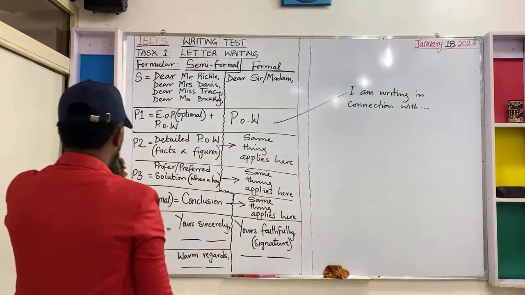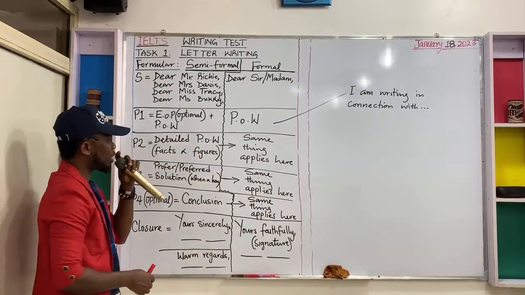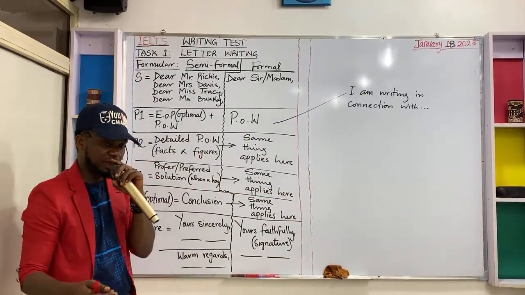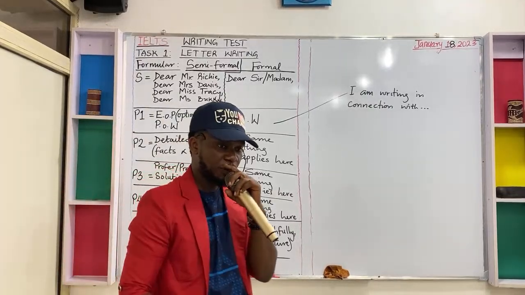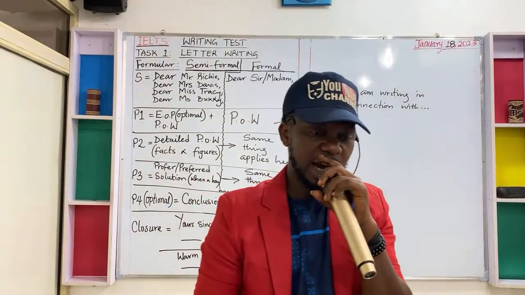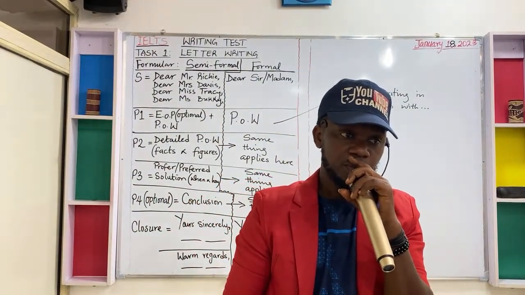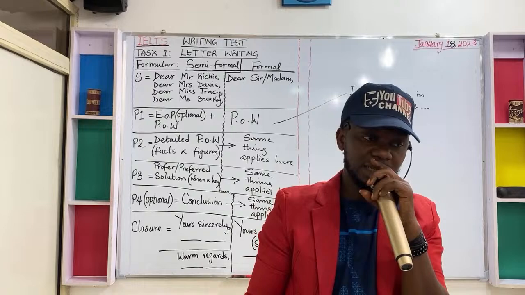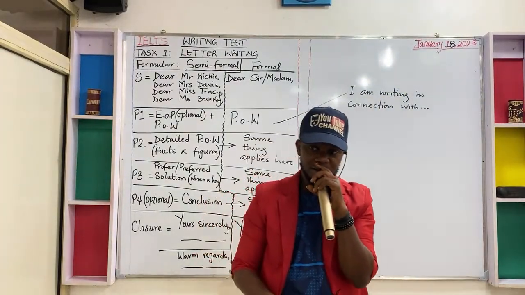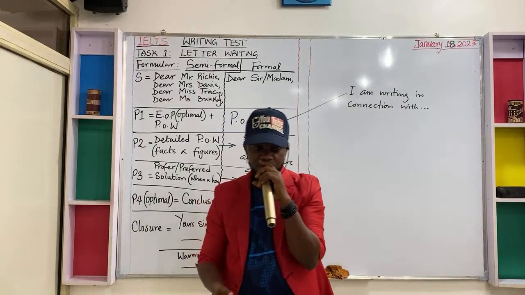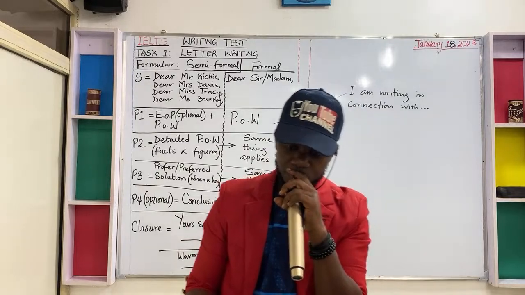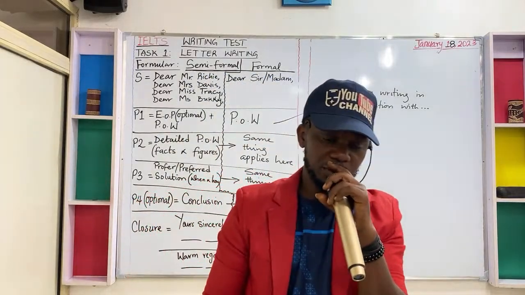So for a semi-formal letter where you're writing for a reference letter, you now begin to talk about the fact that I recently applied for the position of XYZ with so-and-so company, and they have considered my application. However, they are requesting a recommendation letter from my former office or place of work. And for this, I would like to appeal for a copy of such from you.